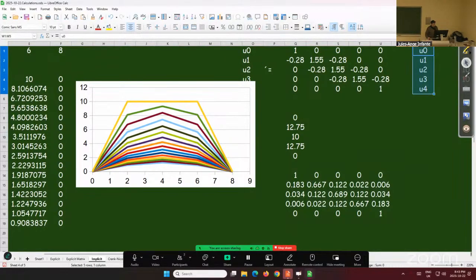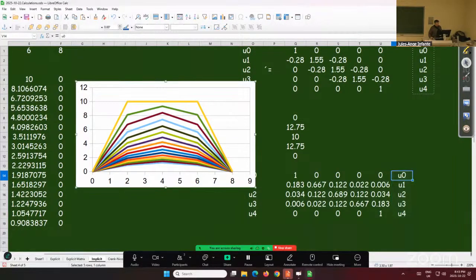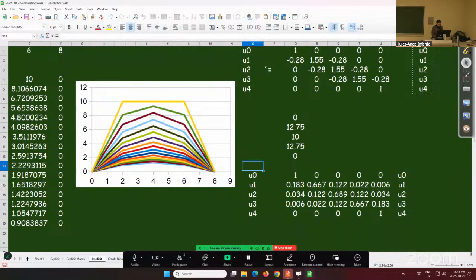It means that this vector, U0, is a function of all the other nodes, not just its own neighbors, because there are terms here. So the expression of this is a function of U1, U2, U4.